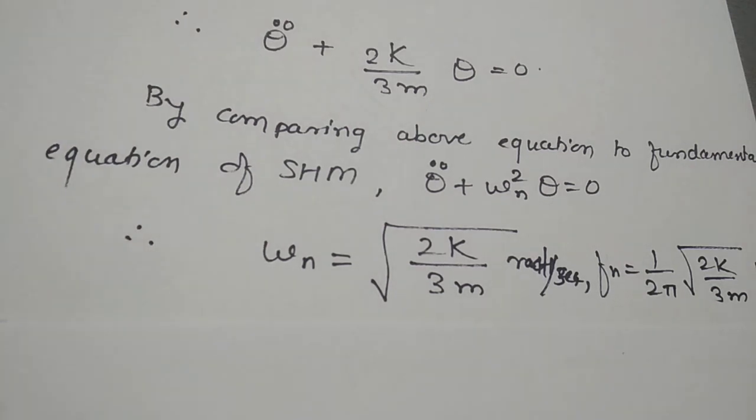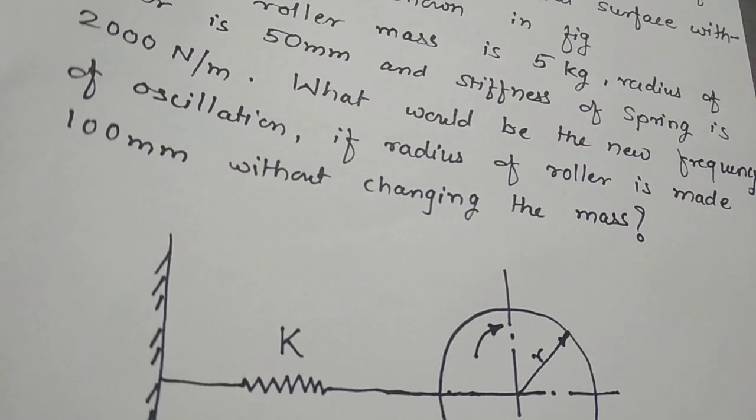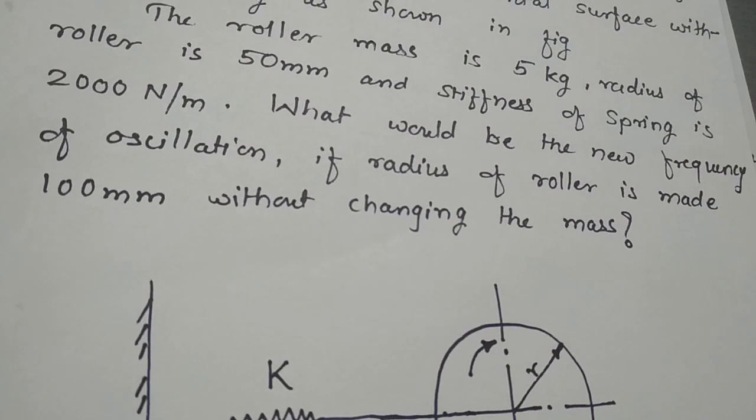And again the second question is the same. What was the question? What would be the new frequency of oscillation if the radius is changed by 100 mm without changing the mass?